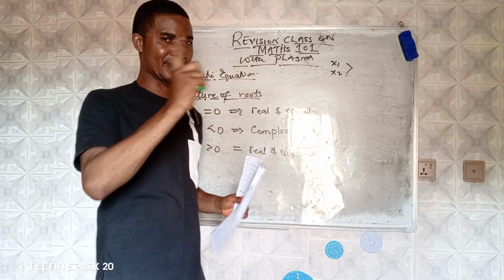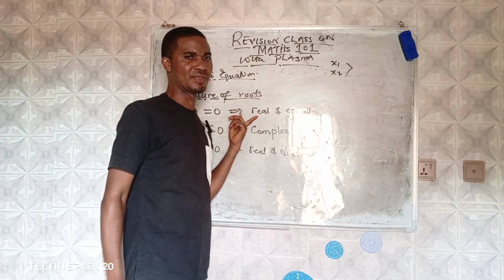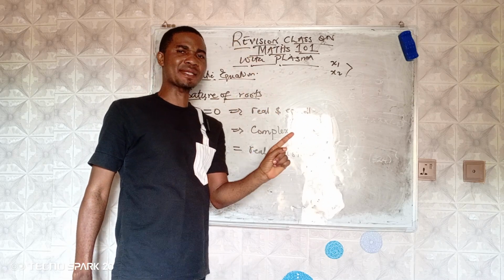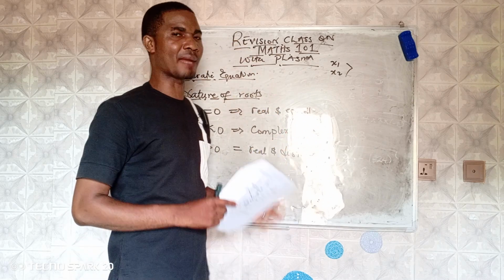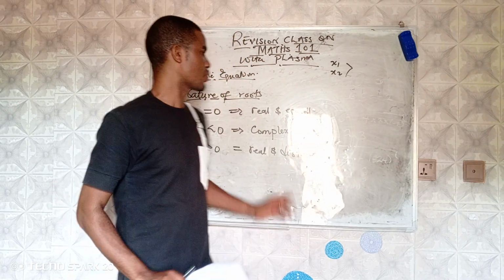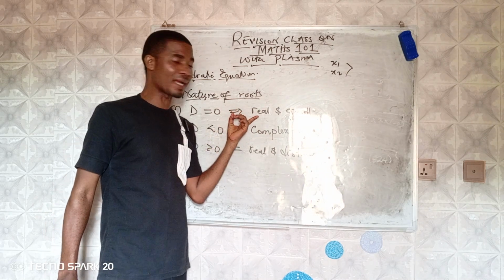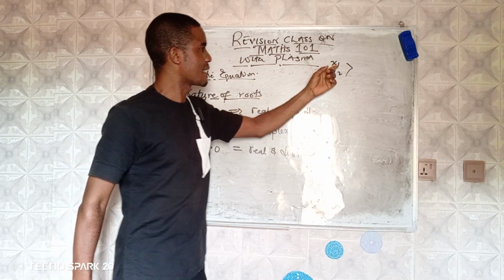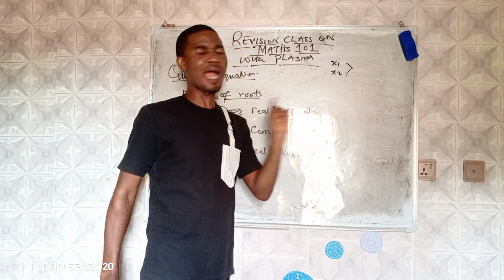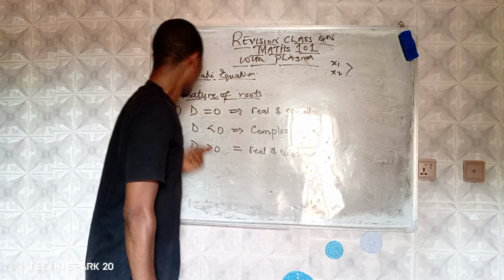They will be equal, and they will be real numbers. Remember, in our number system revision class, we learned about real numbers. Real numbers are those numbers that can be found on the number line. So x1 and x2 will be real numbers and they will be equal.